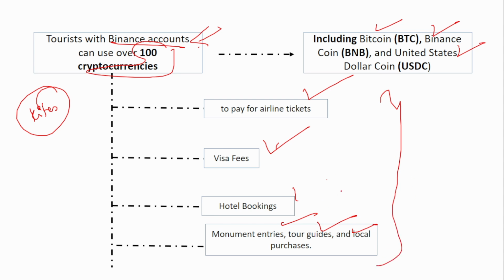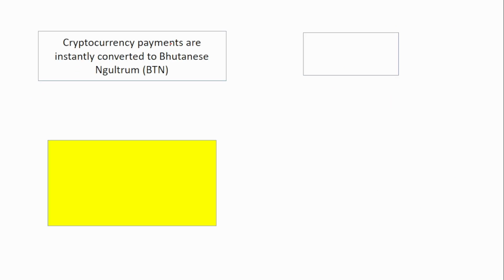Say you have visited a tourist place and made a local purchase. You have paid merchant A via crypto. But what will he do with crypto in Bhutan? He can go to DK Bank and convert that crypto into the Bhutanese currency, the Ngultrum. The cryptocurrency payments are instantly converted into Bhutanese Ngultrum, I hope I am pronouncing it right.